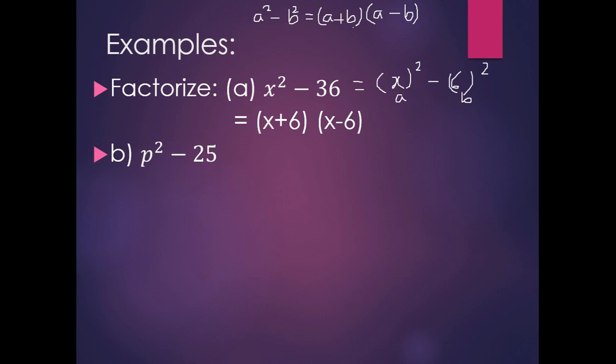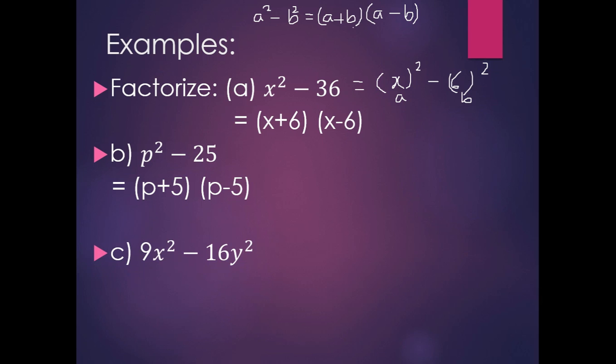Now the next example. Here also, in the same way, p square minus 25 will be p square minus 5 square. So that can be written as p plus 5 times p minus 5, exactly the same way. And in this one, the square root of 9 is 3 and the square root of 16 is 4.